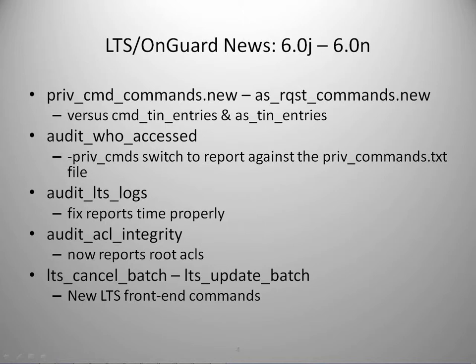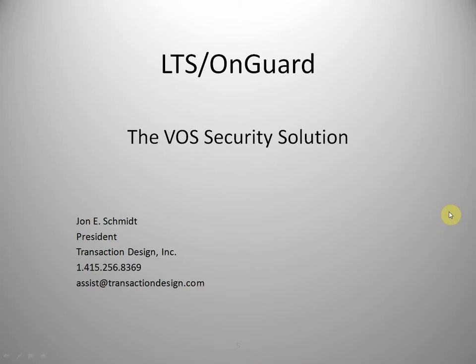And then there are new commands, LTS cancel batch and LTS update batch, which replace cancel batch requests and update batch requests. So these are the commands and things that have changed in the latest release, 6.0N of LTS OnGuard. Thank you.